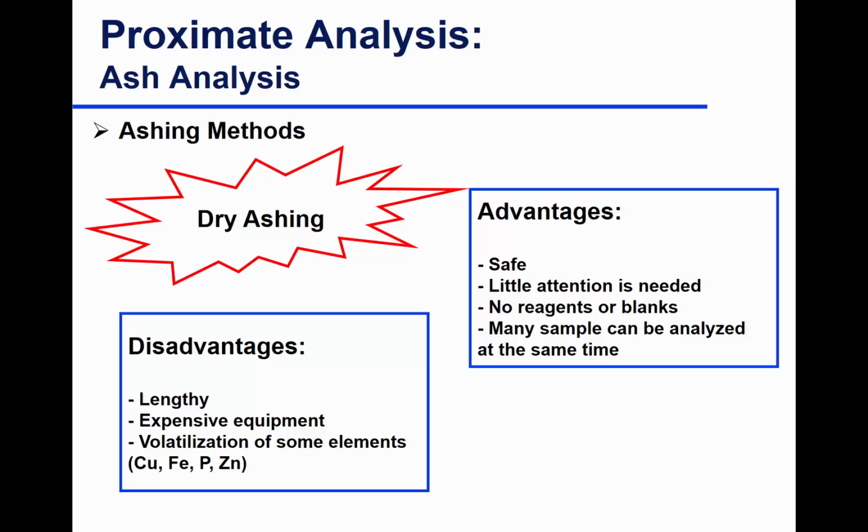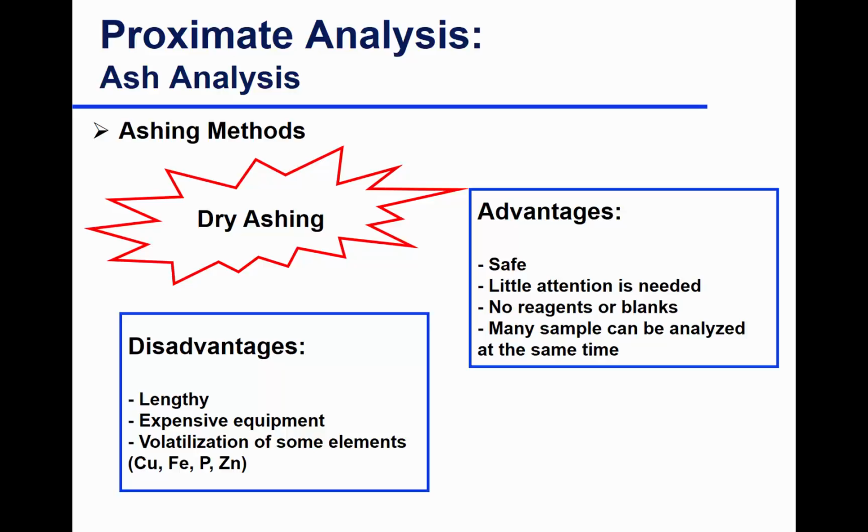Now, disadvantages and advantages. Dry ashing is really lengthy. You have to wait overnight, about 24 hours more often, and you also have to wait for the muffle furnace to cool down, and then take your sample out and wait until the sample is equilibrated to room temperature. But little attention is needed. You just put your sample in and leave, and you can analyze many samples at the same time.